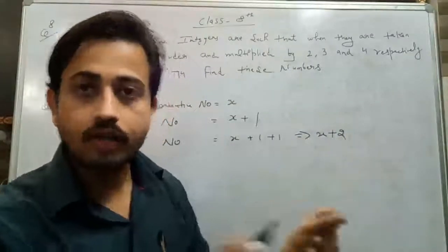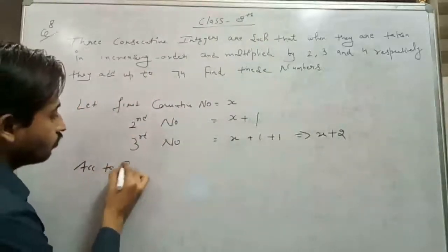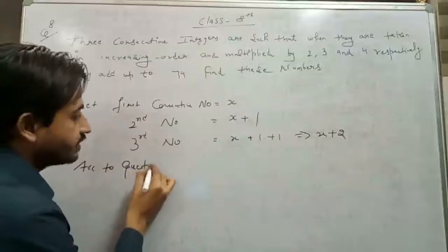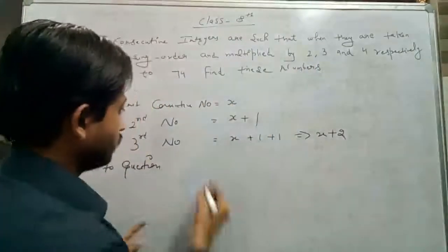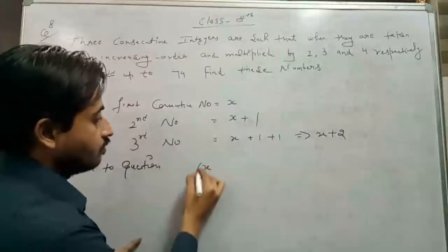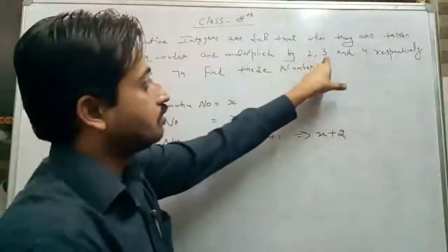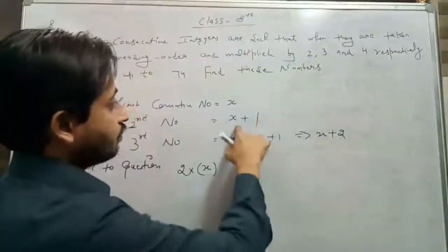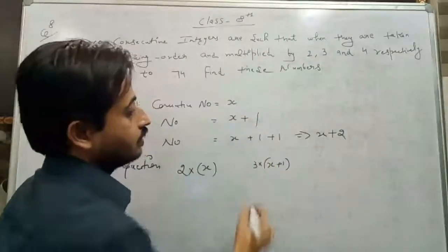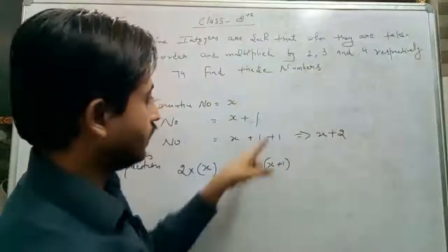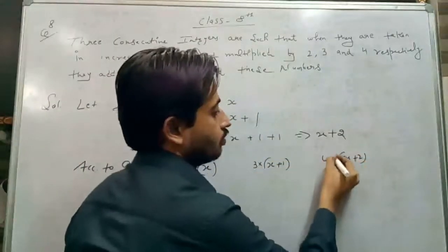So according to the question, what does it say? If you multiply the first number by 2, the first number is x, so we multiply by 2. Then the second number, x plus 1, is multiplied by 3, and the third number, x plus 2, we multiply by 4.